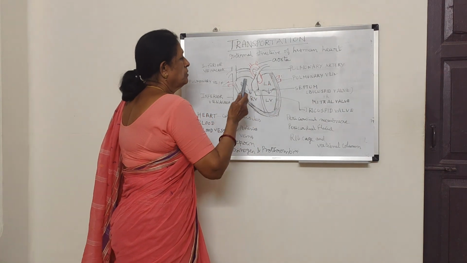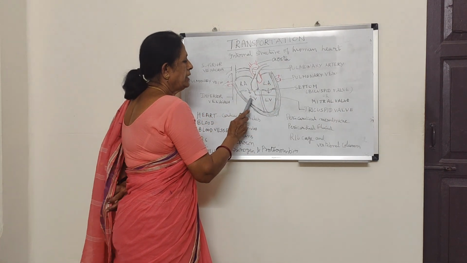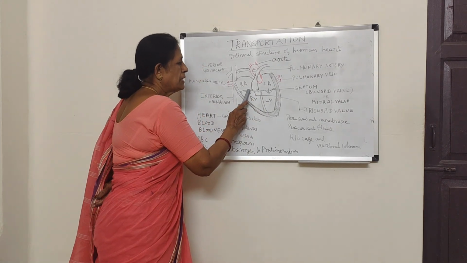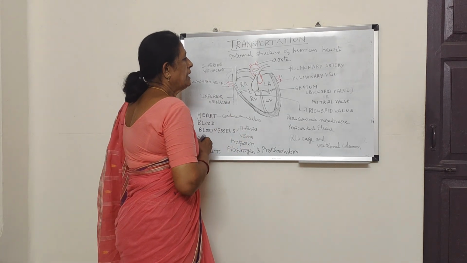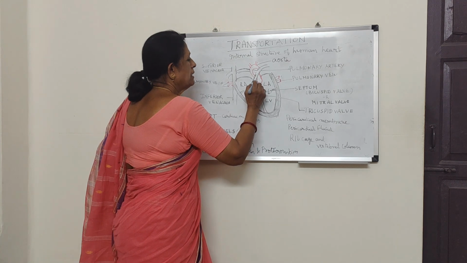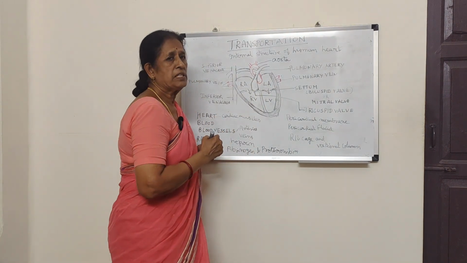Now I think you have a clear picture: right atrium, right ventricle, left atrium and left ventricle, tricuspid valve, bicuspid valve. At the origin of the pulmonary artery, the pulmonary valve is present. At the origin of the aorta, the aortic valve is present.